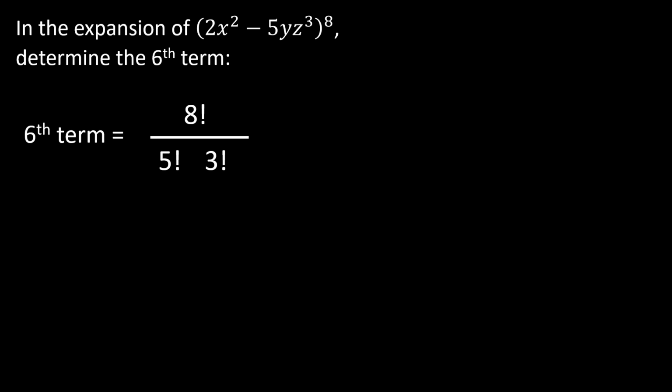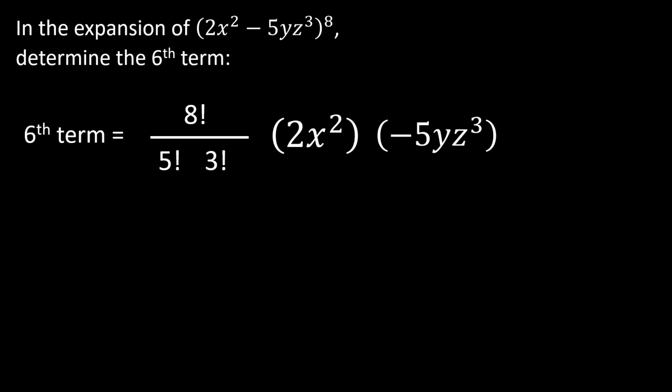Basically, we can do it this way, multiplying 2x squared and negative 5yz cubed to our given written expression in finding the sixth term. And now as we can see, our sixth term is equal to 8 factorial all over 5 factorial 3 factorial, to be multiplied by 2x squared, and of course also by negative 5yz cubed.